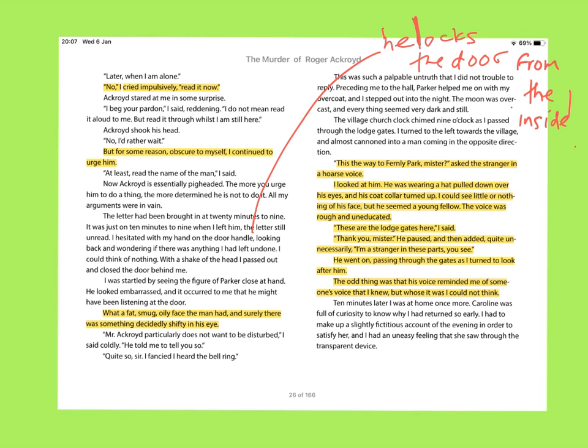So here's this sort of classist snobbery, because Shepherd has a clear dislike of Parker, or maybe because of, never mind, but look at this contempt here. "What a fat, smug, oily-faced man Parker had, and surely there was something decidedly shifty in his eye."